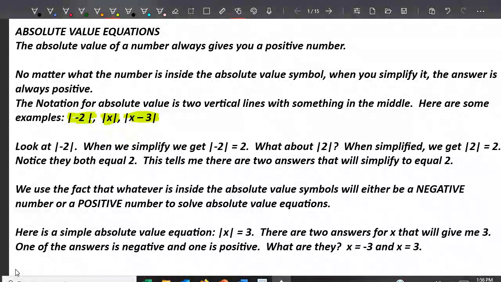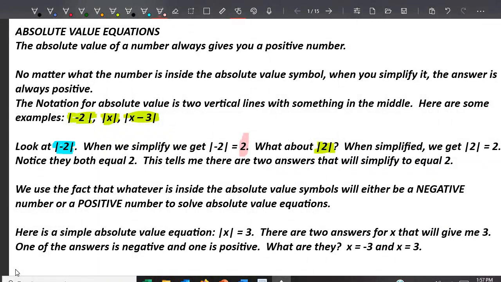Alright. Now, let's look at the absolute value of -2. Because it's an absolute value, when you simplify it, you will get a +2. Now, suppose we look at the absolute value of +2.